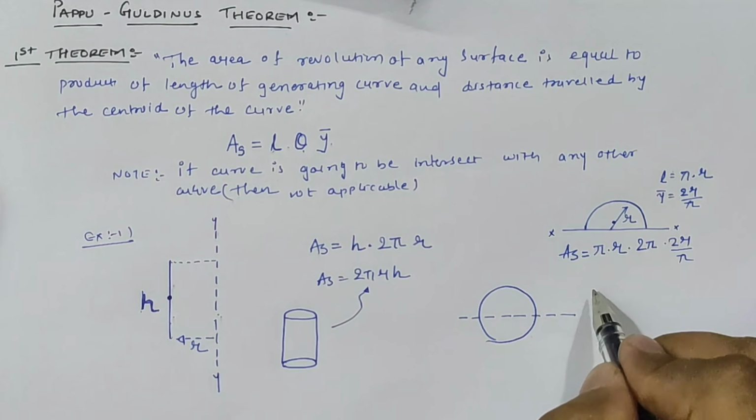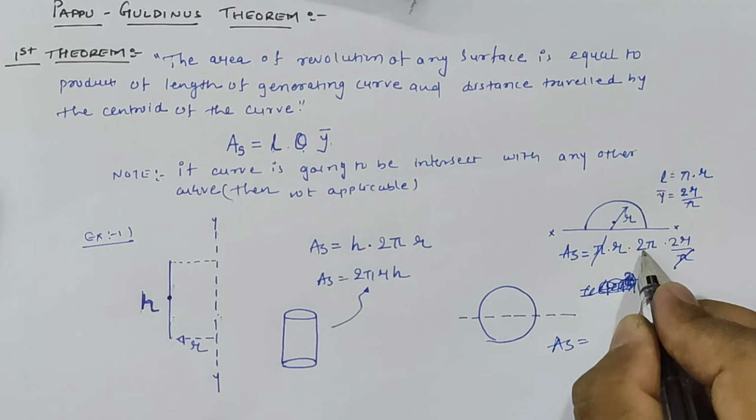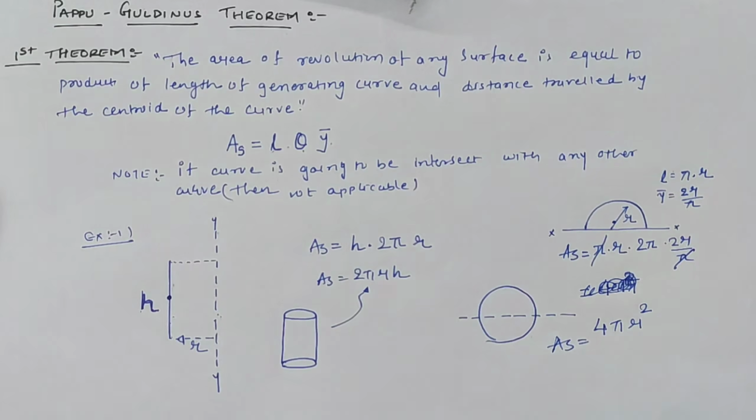Now solving this term, we have A_S equal to 4 pi r square. So we can say that for the sphere, our area of surface, or we can say the peripheral area, is equal to 4 pi r square.